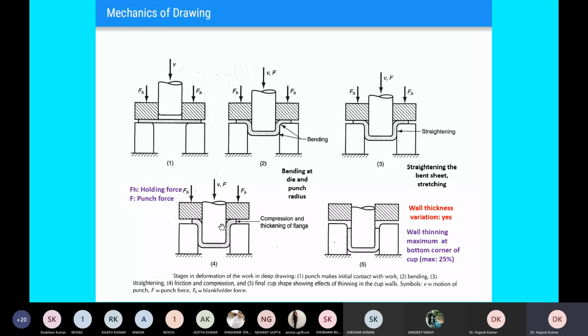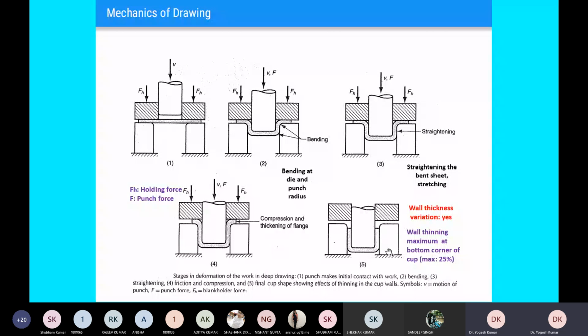Okay, and as we continue, the final product that is formed you can see in figure 5. This is your final product, which shows there may be some thinning effect also. In this figure, the thinning effect will be higher at the bottom and lower at your cup surface.